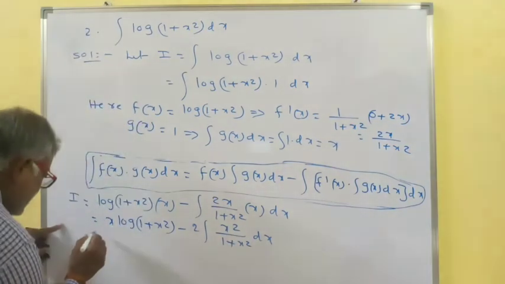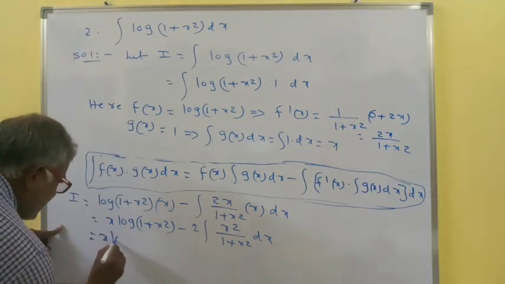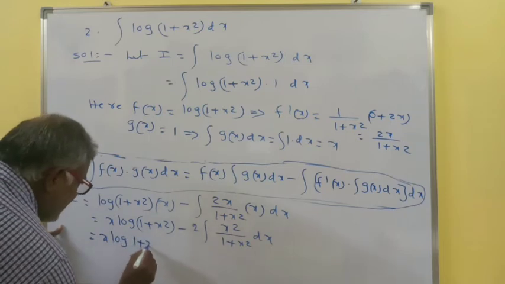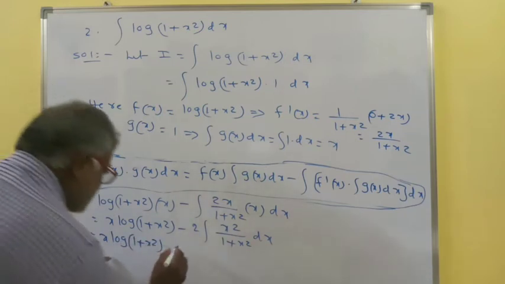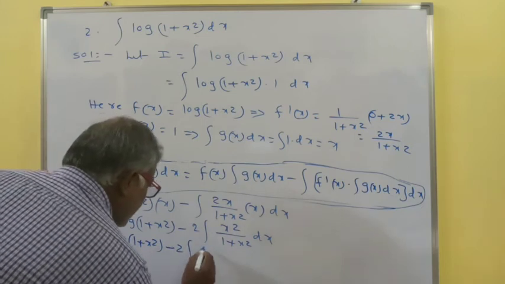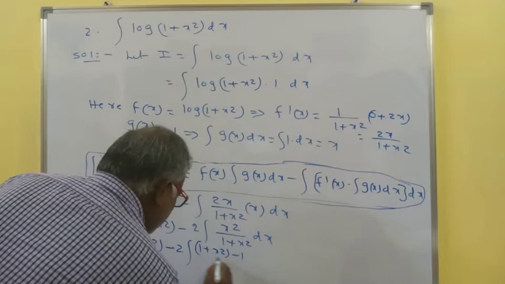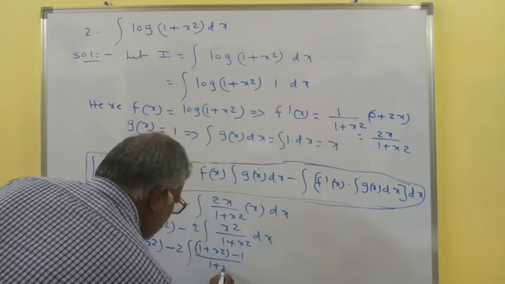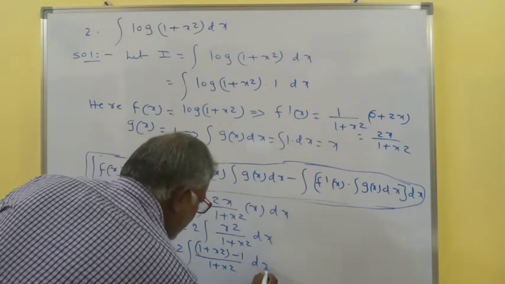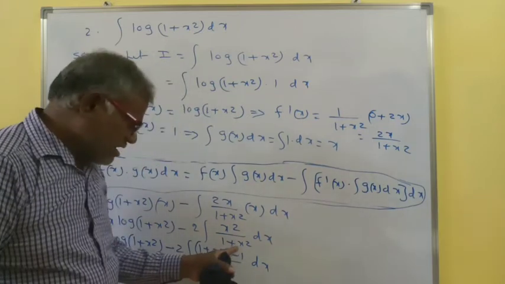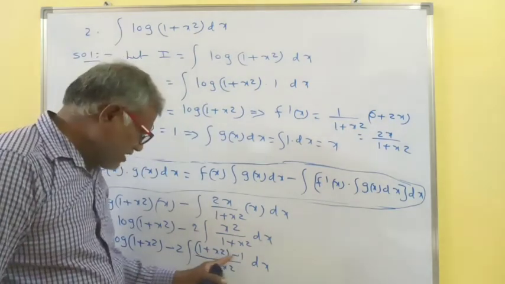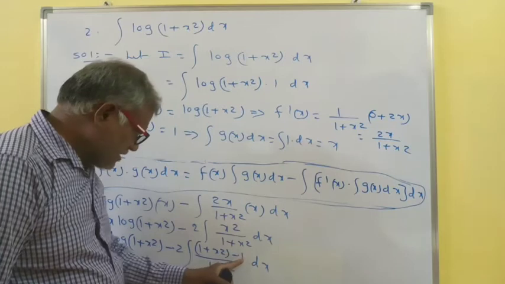So the next step: x into log of 1 plus x square minus 2 into the integral of 1 plus x square minus 1, with the help of the denominator, rewriting the numerator by adding 1 and subtracting 1.